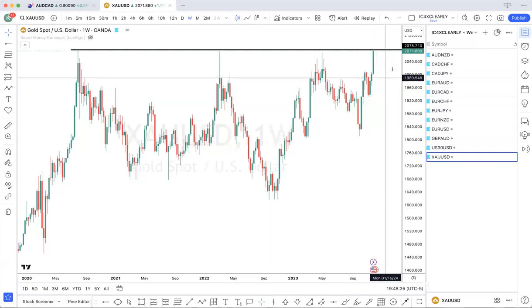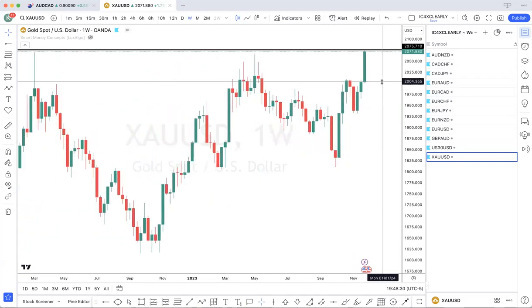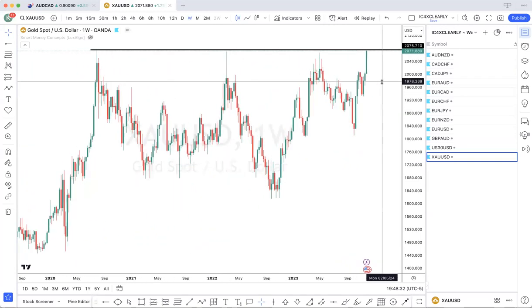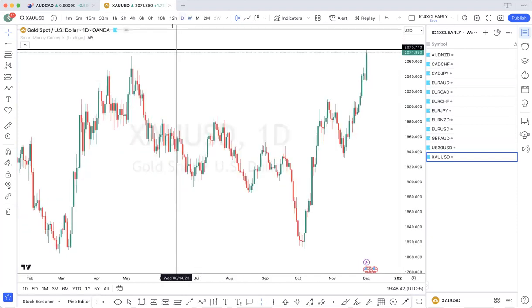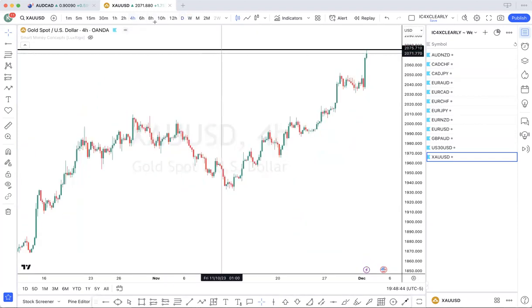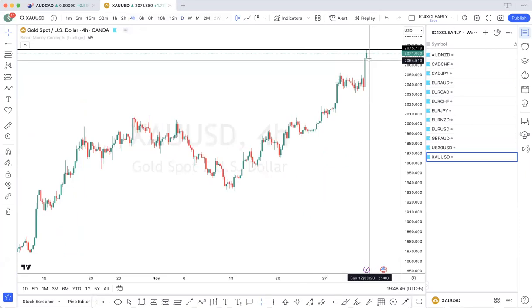So market open, this is another pretty much easy money strategy candle. So I would definitely be looking for price. Let's see what the daily is giving. Let's see what the 4 hour is giving. Yeah.